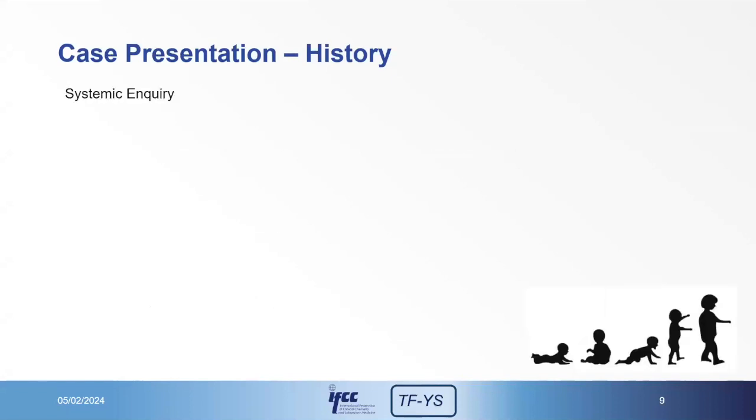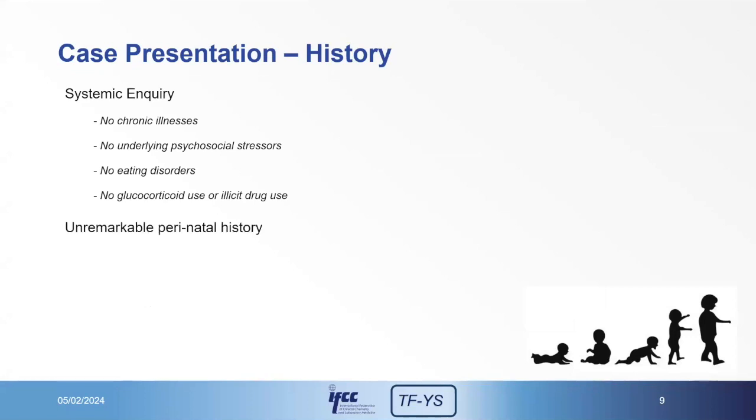On further inquiry of his background history, no chronic illnesses were elicited from the patient or his mother. No underlying psychosocial stresses other than this concern of the delayed puberty were found. He reported no eating disorders, no exogenous substance use.